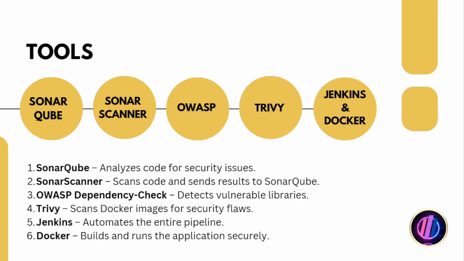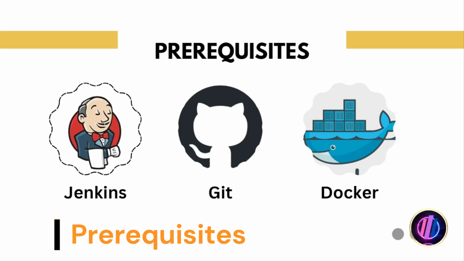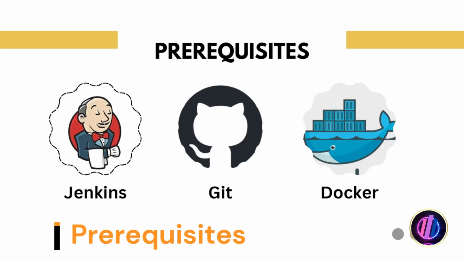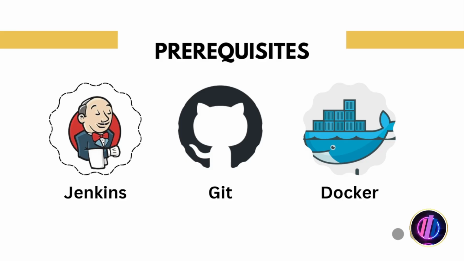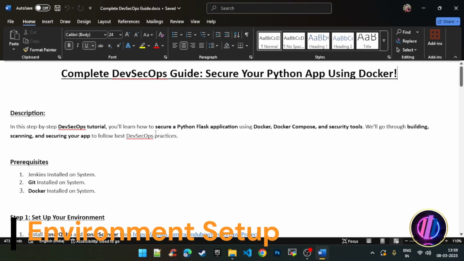Now let's move to the live demonstration and set up a secure DevOps pipeline using Jenkins. Before proceeding to the live environment practice, make sure you have installed Jenkins, Git and Docker on your system. Hello, let's dive into the practical.